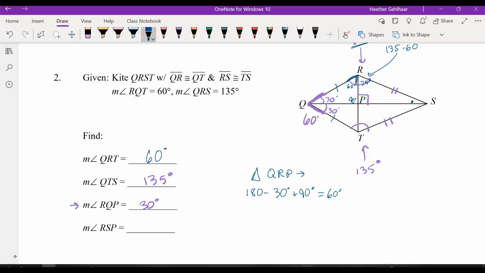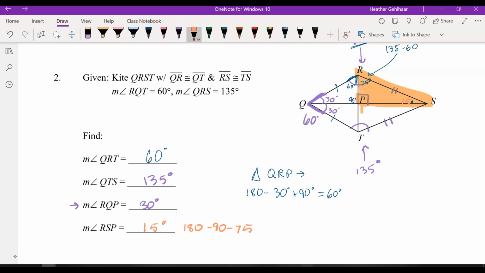Oof, this guy over here. A couple things, you guys. If we look at this triangle, this is totally a triangle, isn't it? We could do 180 minus 90 minus 75, and we'll get 15 degrees. Beautiful.